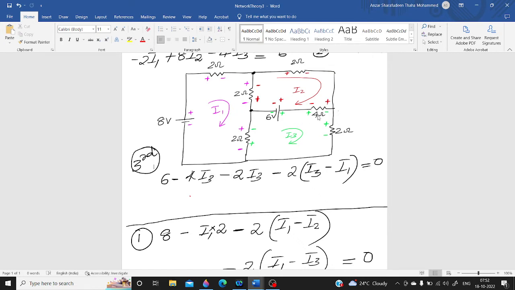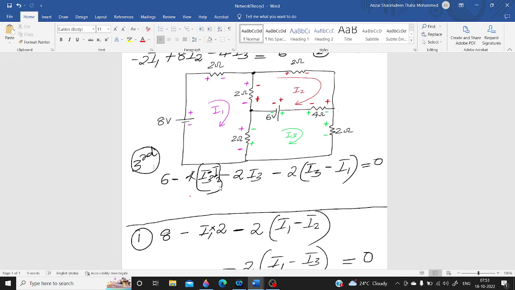So here 4 into I3 minus I2. Then here there is only one current, minus 2 into I3. Here also there are two currents, so minus 2 into I3 minus I1 is equal to 0.